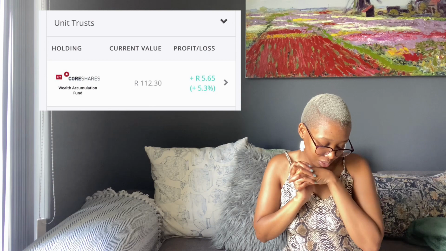With the Core Shares, obviously, it's part of the unit trust that I have. And I don't know why I have not invested a lot into unit trusts. I think I need to do more research on unit trusts as time goes on. Well, next year I need to put more effort into it. So that is how much I have in my ZAR account.